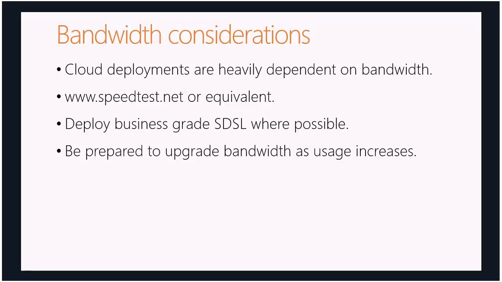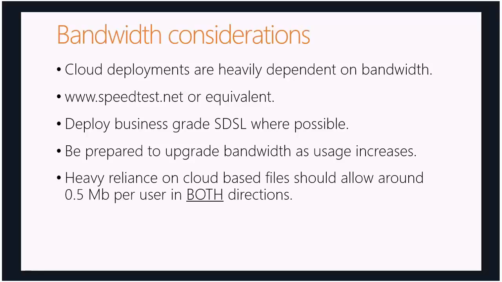So make sure that you not only speak to them about their current broadband requirements, but also put in place a plan to allow that to be upgraded in the future, because the dependency on the cloud, the usage of the cloud, is only going to increase. This is going to mean more and more usage is required of the broadband connection.